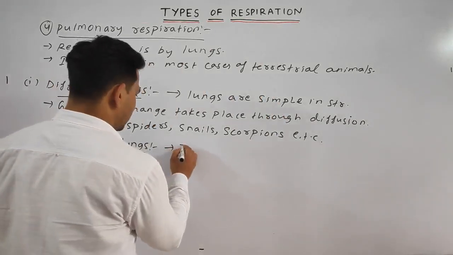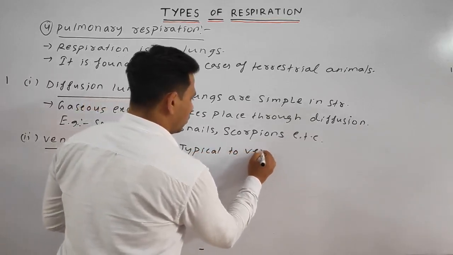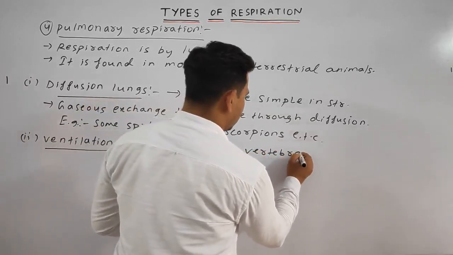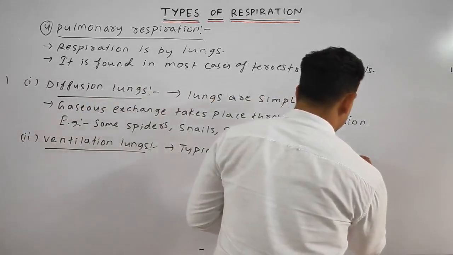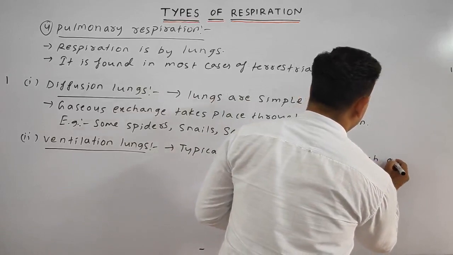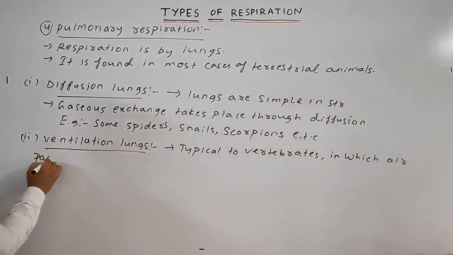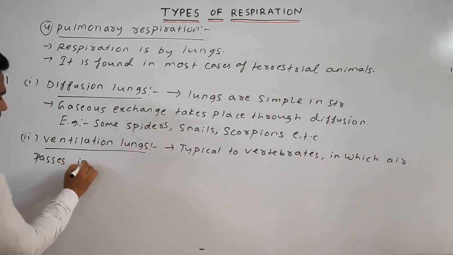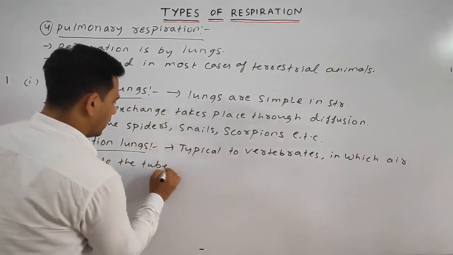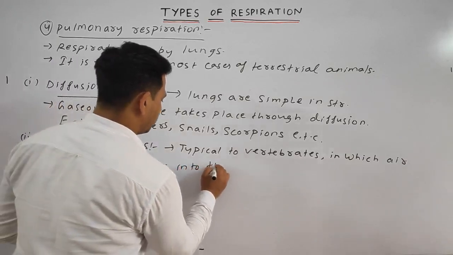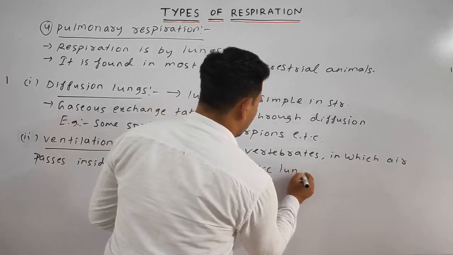Ventilation lungs are basically typical to vertebrates, in which air passes inside the tube into the elastic lungs.